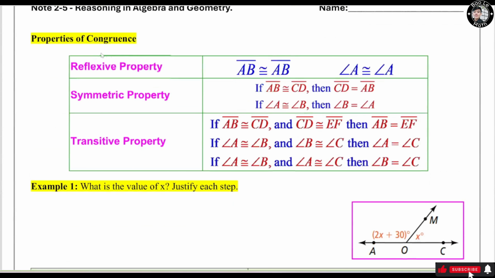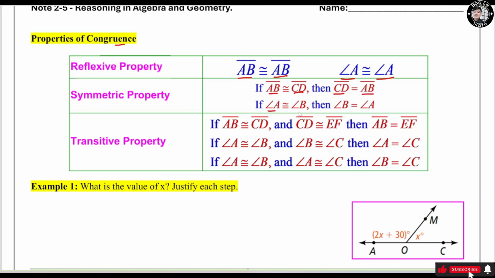Now, properties of congruence. Reflexive property, line segment AB is always congruent to itself, right? Angle A is always congruent to itself, right? Symmetric property, if line segment AB is congruent to line segment CD, then CD is congruent to AB, right?